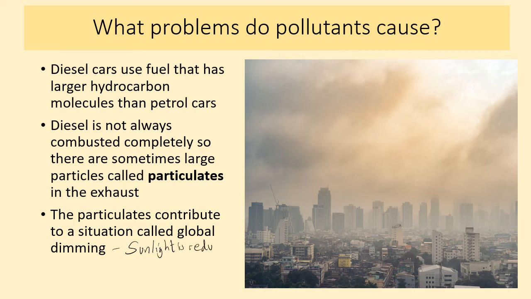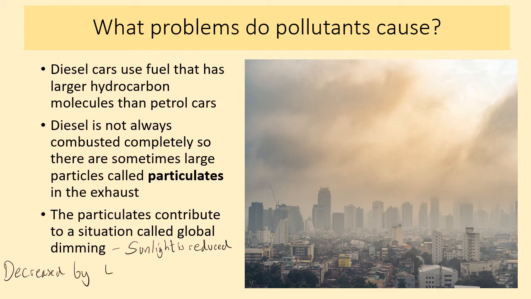We've been measuring the levels of global dimming since the 1950s, so looking at how much sunlight is coming through from the sun to the earth, and have found that since the 1950s it has decreased all over the world by between 4 and 20%.